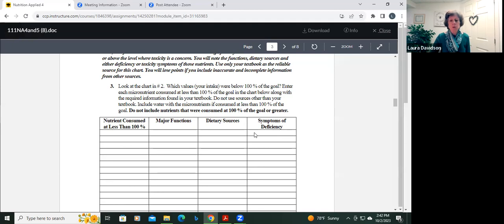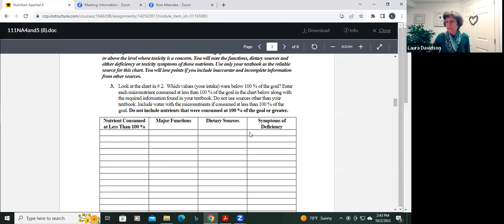But please don't Google, because when you Google, you often pull up things that are inaccurate. Google doesn't do a good job in terms of vitamin deficiencies in prioritizing the most common. So you'll get something that's very rare. Use your textbook only. You're going to fill in this chart. So you'll learn about the functions and sources and symptoms of deficiency for things that you are short in.